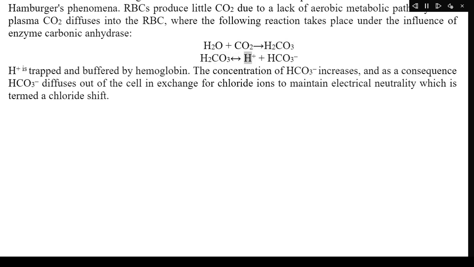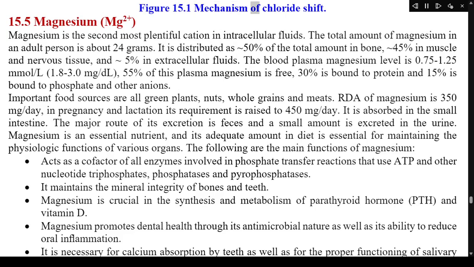H2CO3 ⇌ H+ + HCO3−. H+ is trapped and buffered by hemoglobin. The concentration of HCO3− increases, and as a consequence HCO3− diffuses out of the cell in exchange for chloride ions to maintain electrical neutrality, which is termed a chloride shift. Figure 15.1 Mechanism of chloride shift.